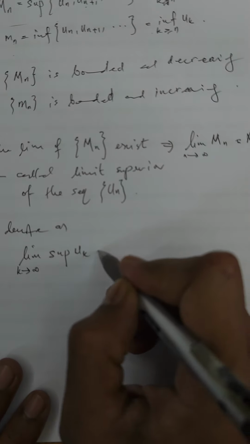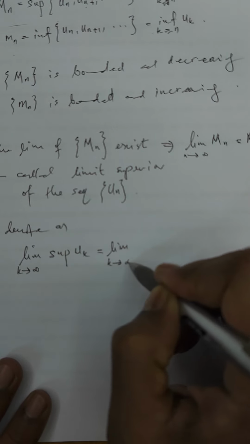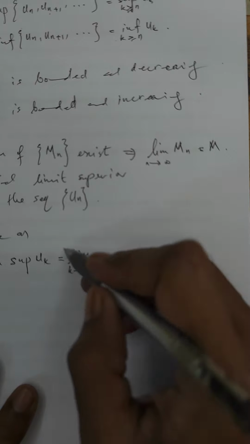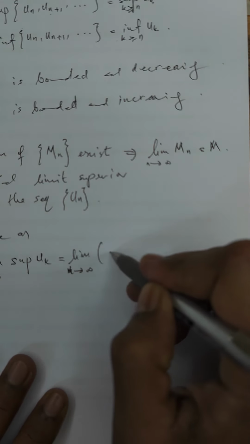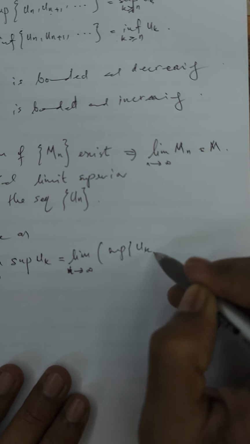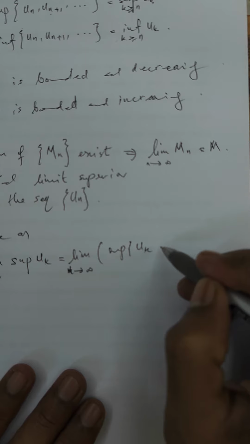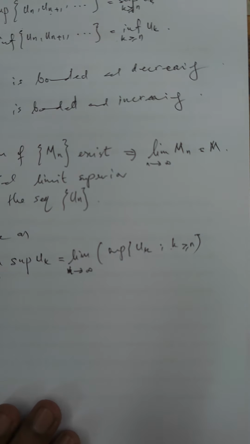This is just the same as the limit as n goes to infinity of the supremum of Uk for k greater than or equal to n.